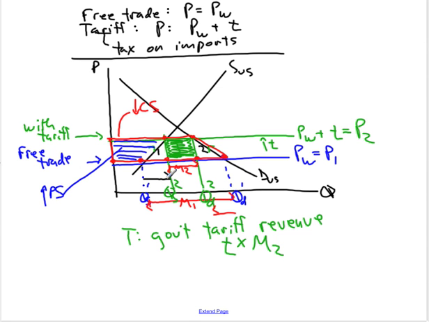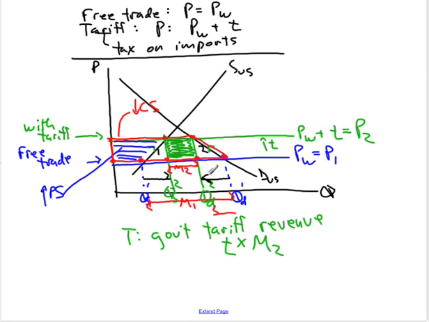Those are cars that should not be produced in the United States. The only reason they're being produced in the United States is because of the tariff, the distortion of the world price.